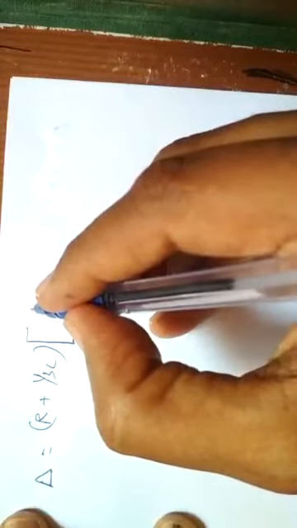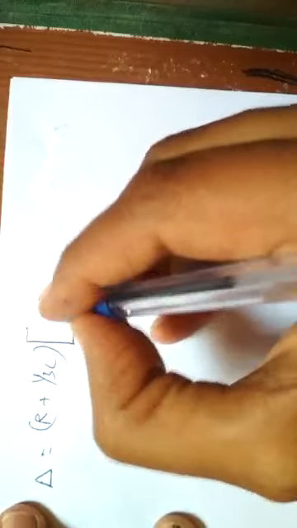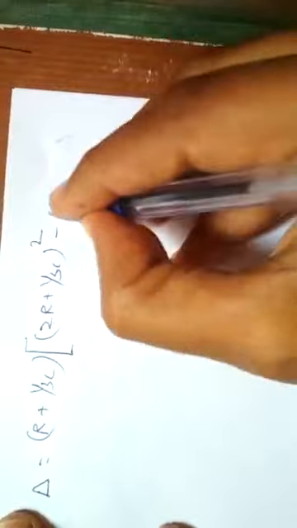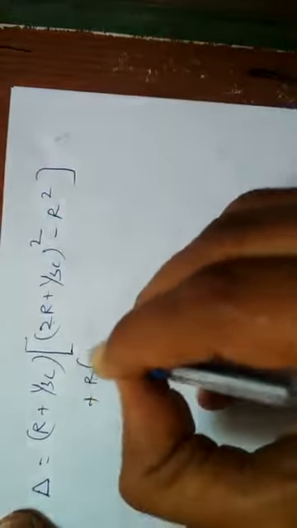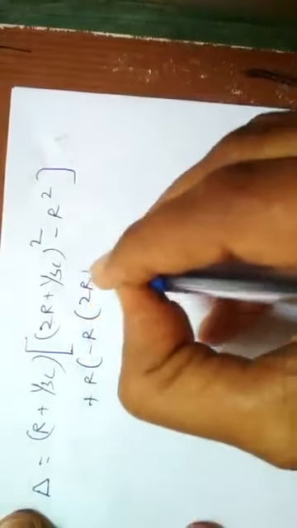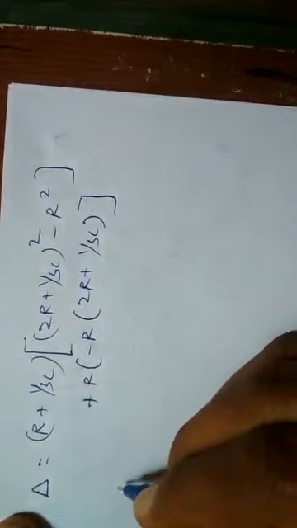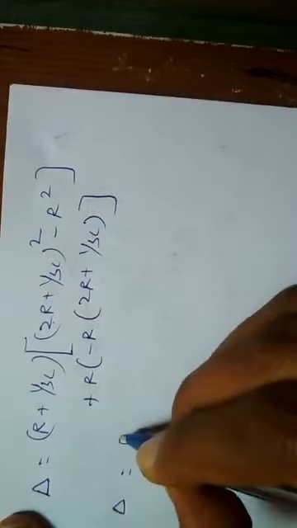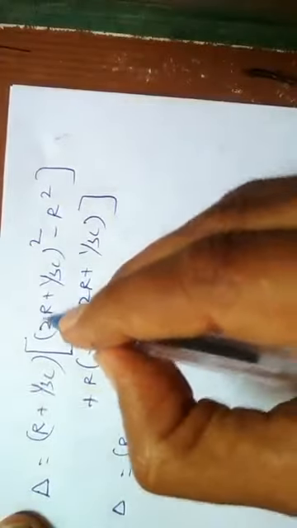The previous expression appears in the form of a plus b whole squared formula. So this is 2R plus 1 by SC squared, a plus b whole squared. So we can expand it in the next step. Minus R squared plus R into minus R into 2R plus 1 by SC. Next, the del becomes R plus 1 by SC into, so this appears a plus b whole squared.